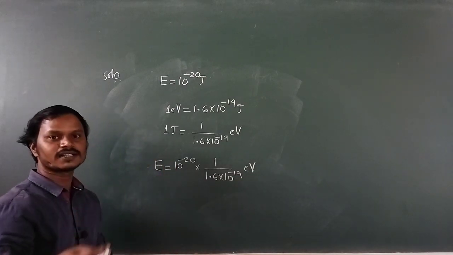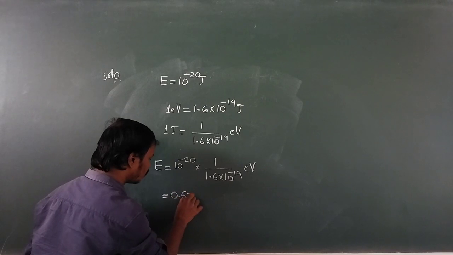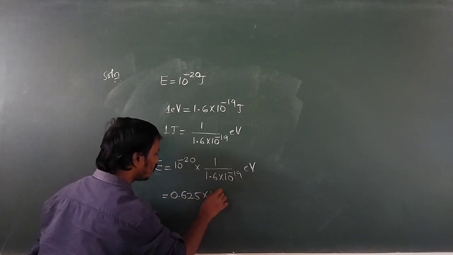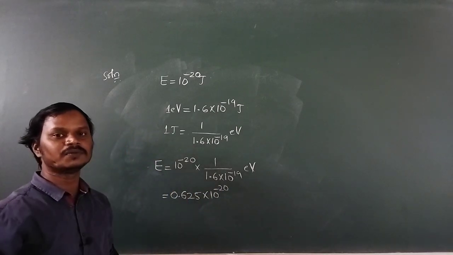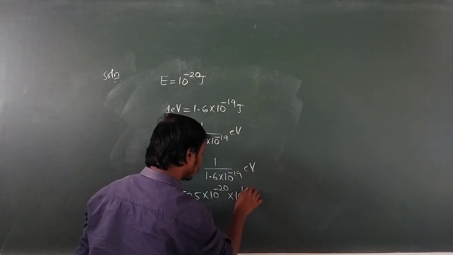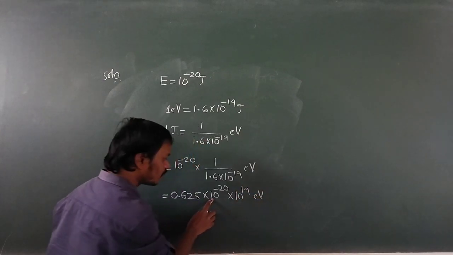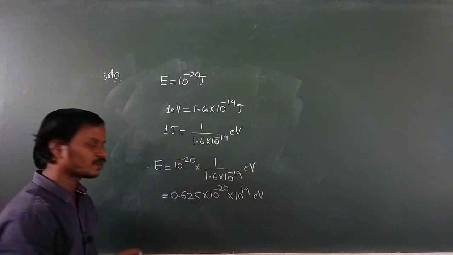So 1 by 1.6 is 0.625. 0.625 into 10 to the power of minus 20. So let us take this 10 to the power of minus 19 to the numerator, that becomes 10 to the power of plus 19 electron volt. 10 to the power of minus 20 into 10 to the power of 19 is 10 to the power of minus 1.